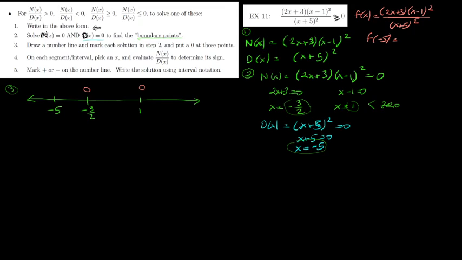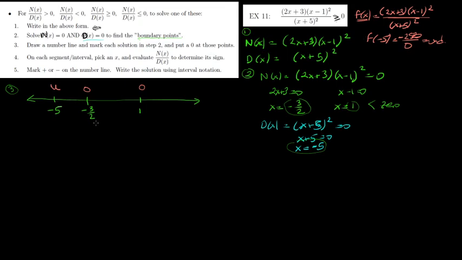I can't do that in my head. I think it's negative 252. But it really doesn't matter, because the denominator is 0, this is undefined. So we can't put a 0 here. I'm going to put a u for undefined. So at negative 5, the original function f of x is undefined.